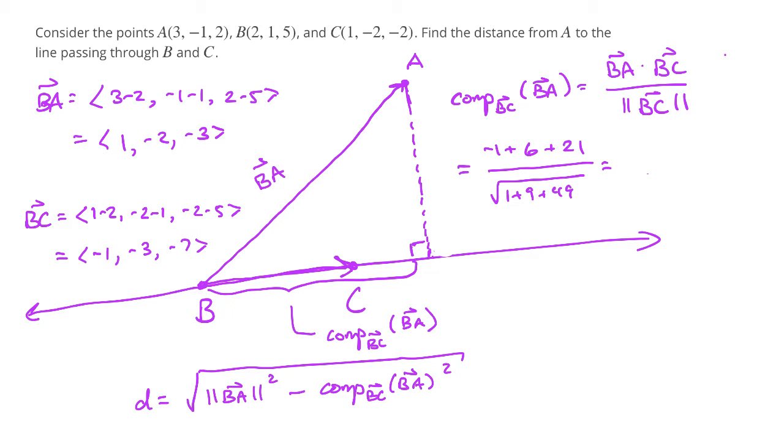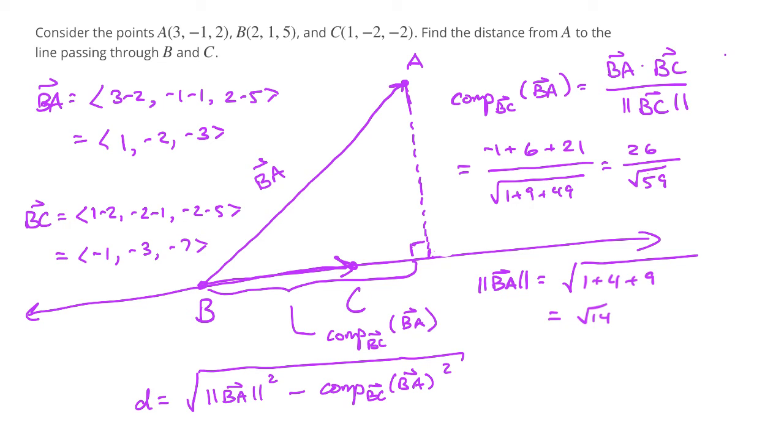And so what we end up with is a value of 26 over the square root of 59. For our length of BA, we have the square root of 1 plus 4 plus 9. So we have the square root of 14.